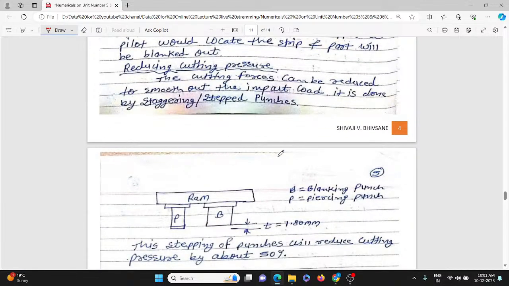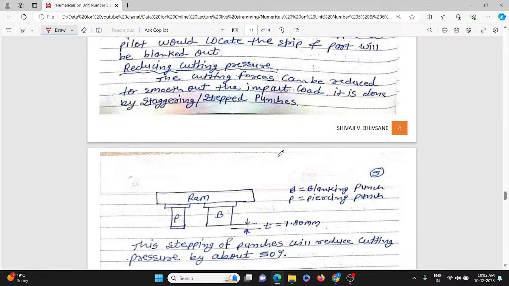So for reducing the cutting pressure, if you attended the theory lectures, for reducing the cutting pressure or the punch pressure, we discussed two methods. The first one is shearing the punch, and the second one is staggering the punch.